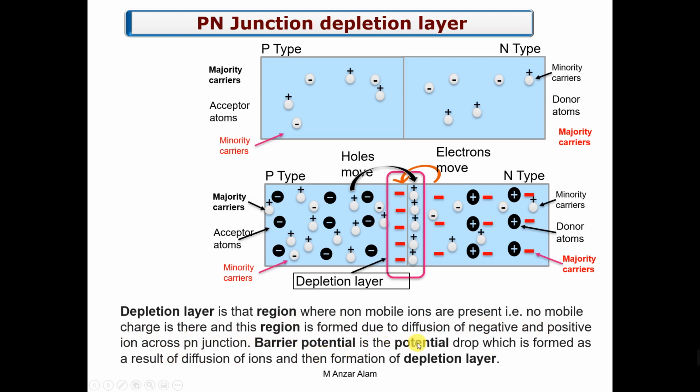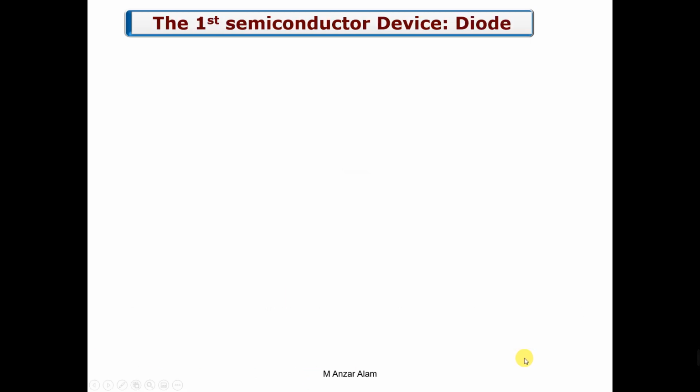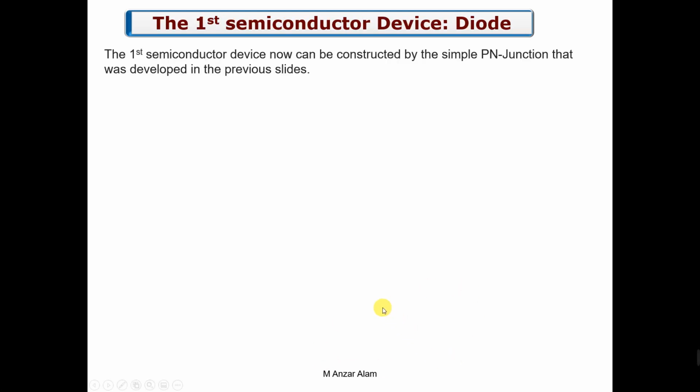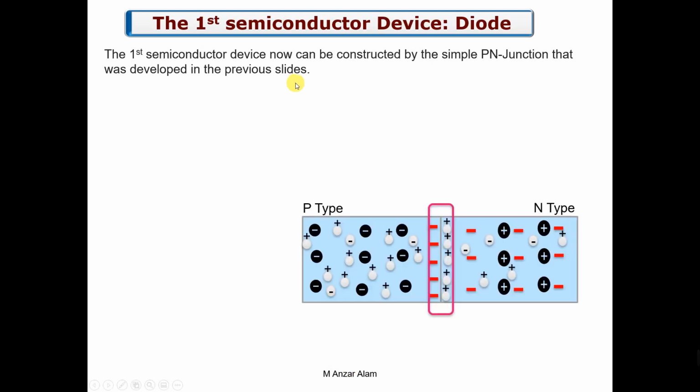Barrier potential is the potential drop which is formed as a result of diffusion of ions and then formation of the depletion layer. The first semiconductor device can now be constructed from the simple p-n junction that was developed in the previous slide.